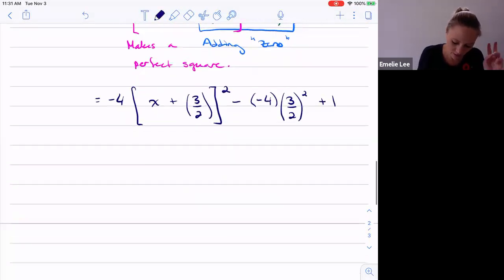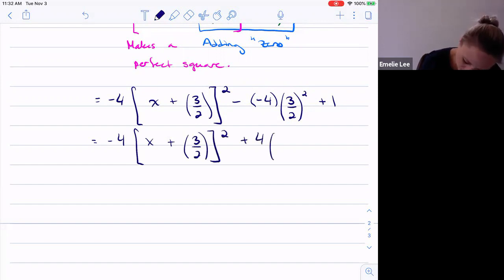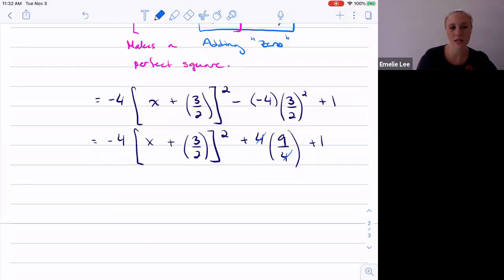All right, so now I can simplify this thing. I can bring the square inside. The square, remember exponent laws say it becomes 3 squared over 2 squared. 3 squared is 9, 2 squared is 4. So what this becomes is we get -4 times x plus 3 over 2 all squared plus 4 times 9 over 4 plus 1, but 4 over 4 is going to go away, so in the end I have plus 9 plus 1, so plus 10.